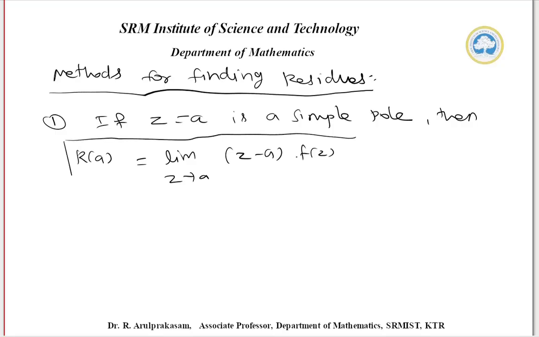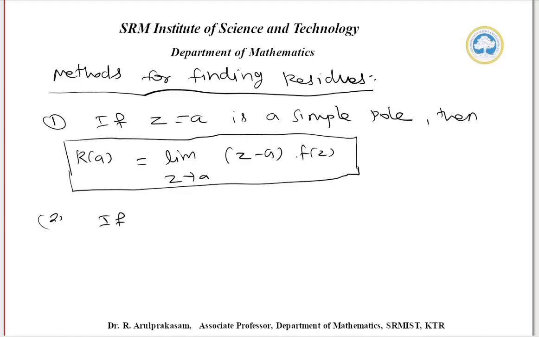Suppose we have a simple pole, then the residue formula is the limit as z tends to a of (z minus a) into f of z. What is the second? Suppose a pole of order m. I'll explain in detail when solving problems. I'm writing the formulas for how to find residue.